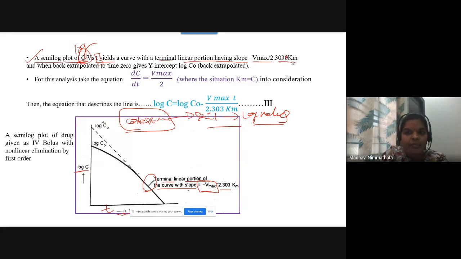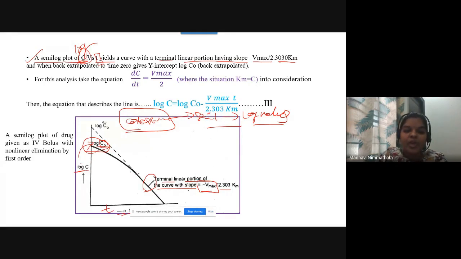When you back extrapolate, see from which point of this log C axis your curve is going to start. You can consider this as the initial plasma drug concentration. That's why it is C naught. Here we are considering log values, that's why it is log C0.